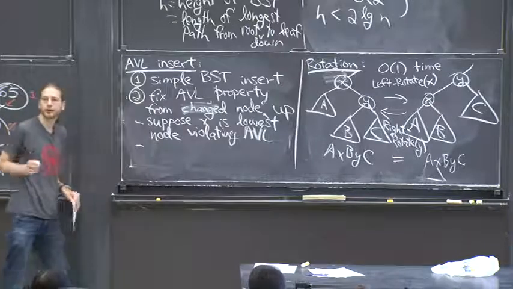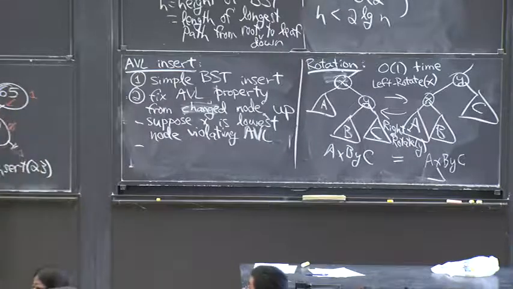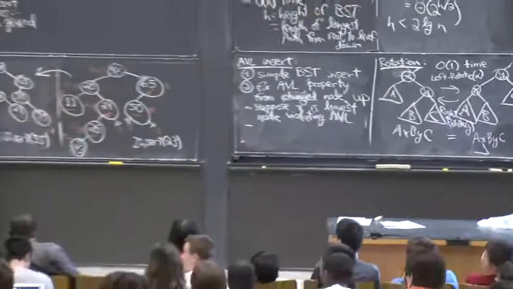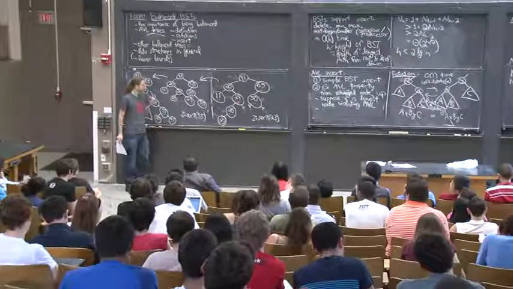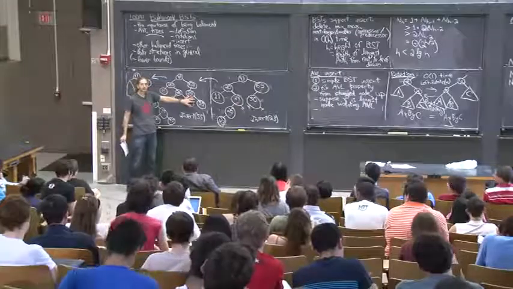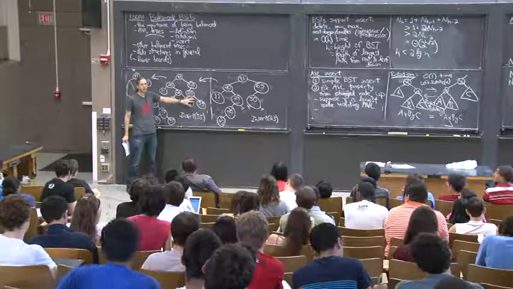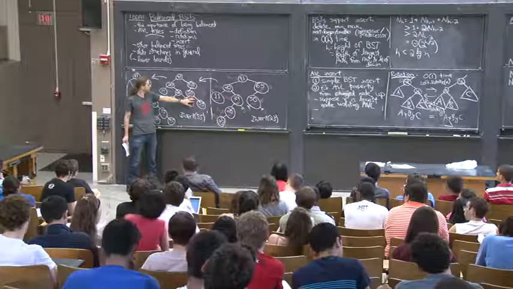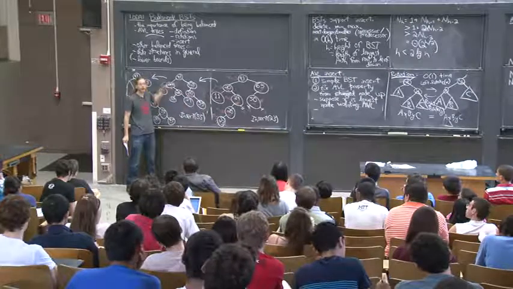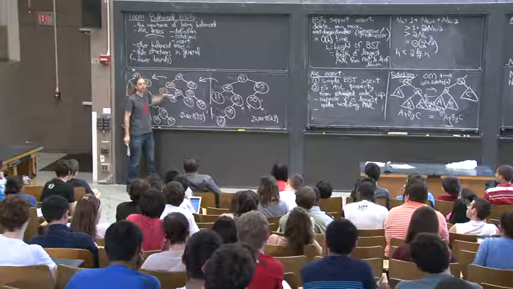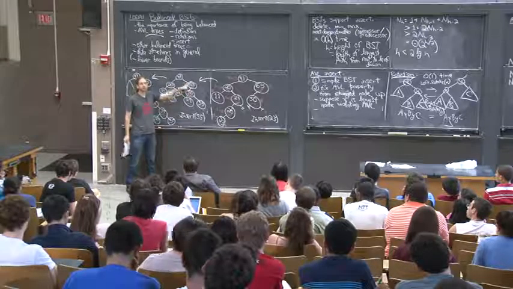Yeah, question? It's not about levels, the AVL property is not about levels. It's about left subtrees and right subtrees.